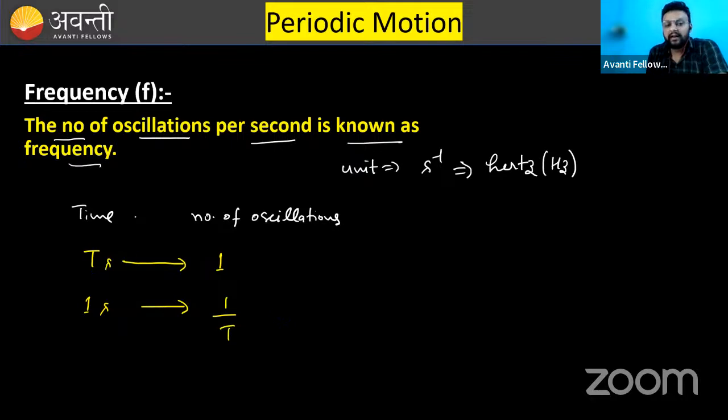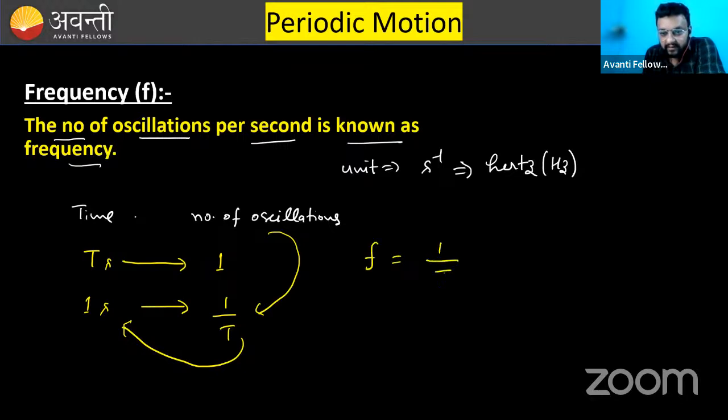Is it clear? In t seconds, one oscillation is completed. Then in 1 second, 1 by t oscillations will be completed. And the definition says the number of oscillations completed in 1 second is nothing but frequency. So what we get, frequency is equal to 1 by t.